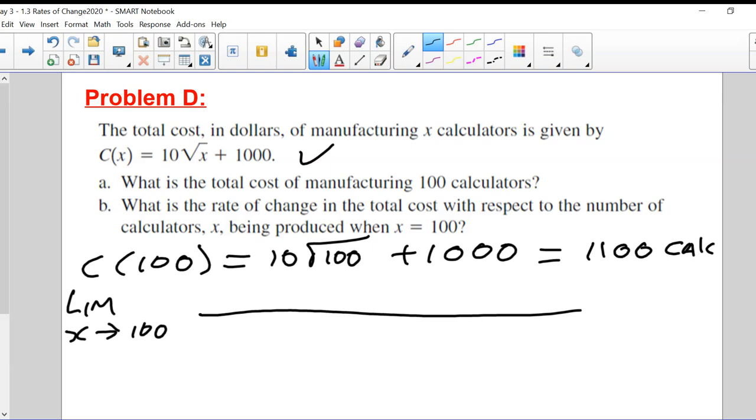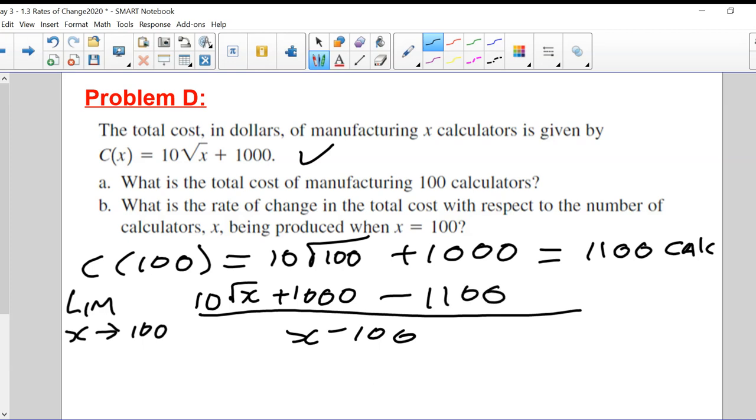So here's our function. We're going to put the x minus 100 at the bottom, right? Kind of what we did the last time. And then we're going to put the function, which is the 10 square root of x plus 1,000, right? Minus, remember now, the c of the function at 100, which we just did on the first step, which is 1,100.